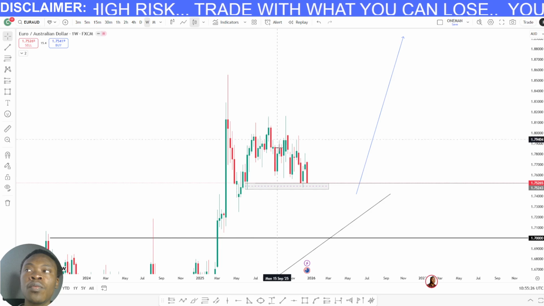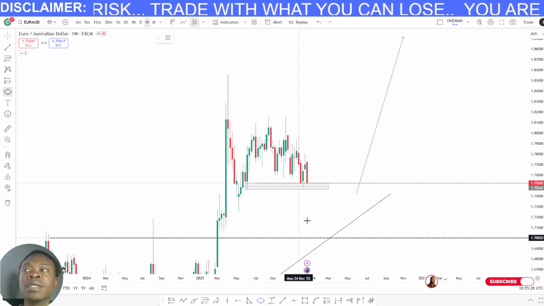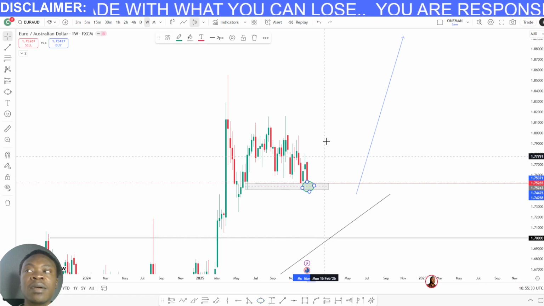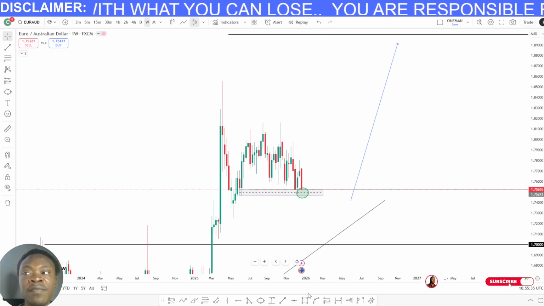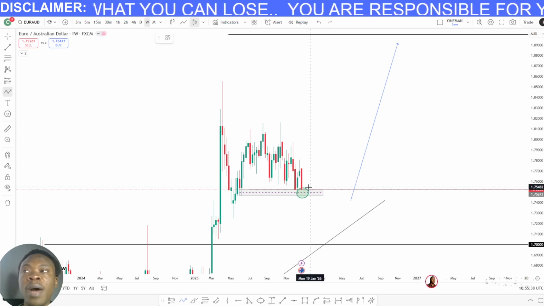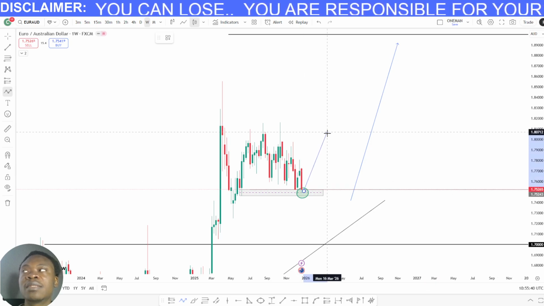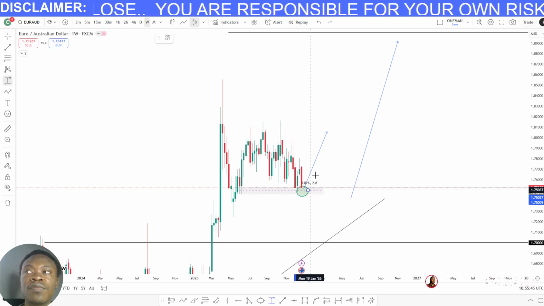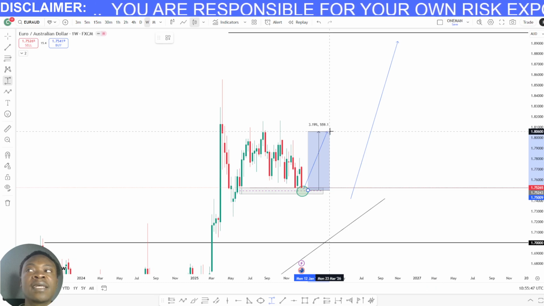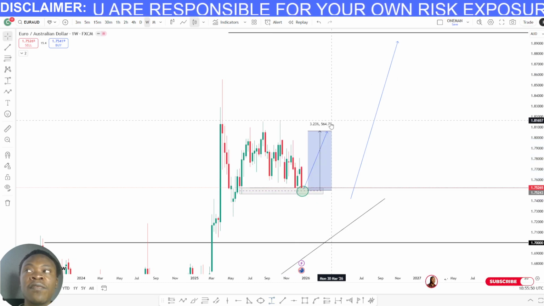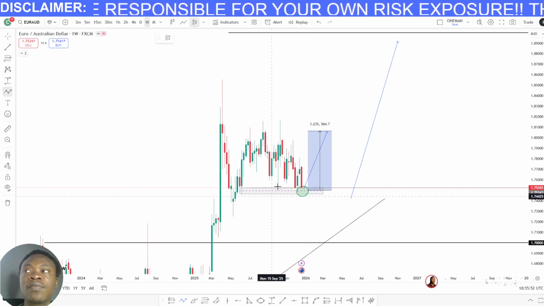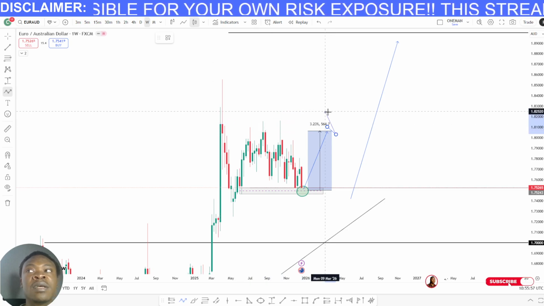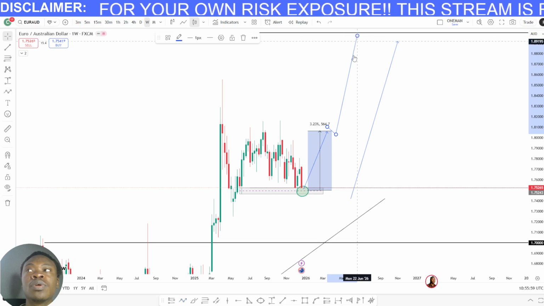So with this, we should be expecting a buying opportunity right from this 1.75 back to 1.8, which is a 500 pips move to 1.8 as our first target before continuation from here in the year after we are able to successfully break out from this zone to the upside.